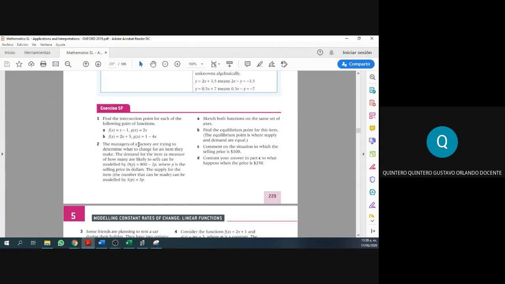The managers of a factory are trying to determine what to charge for an item they make. So far, so simple. The demand of the item. So what is demand? The demand is a measure of how many are likely to sell. So maybe they are likely to sell a lot of items, meaning the demand is high.